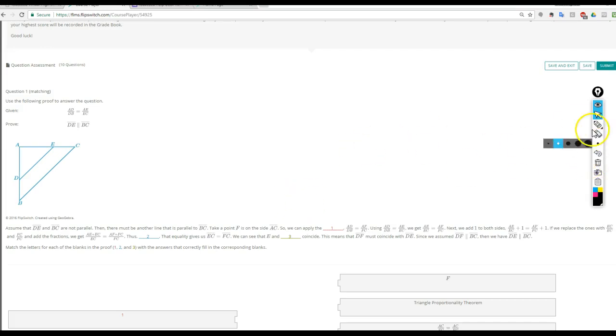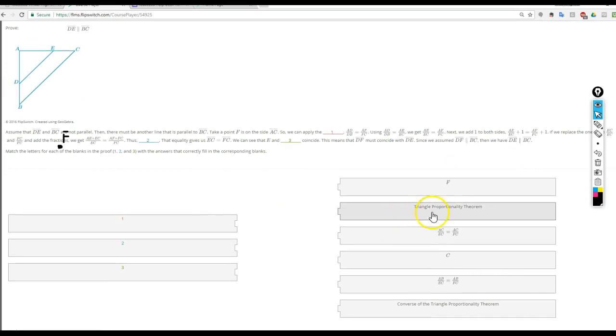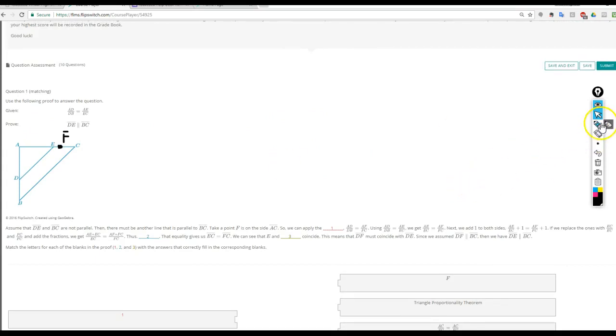So they're saying that there's going to be some other point here, F, and since we created it to be parallel to BC, we could draw it.